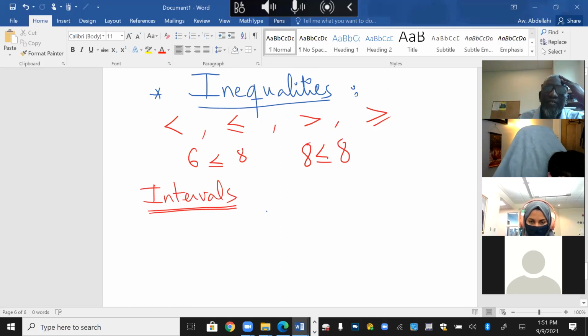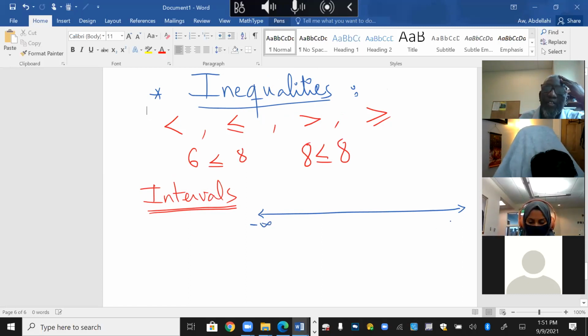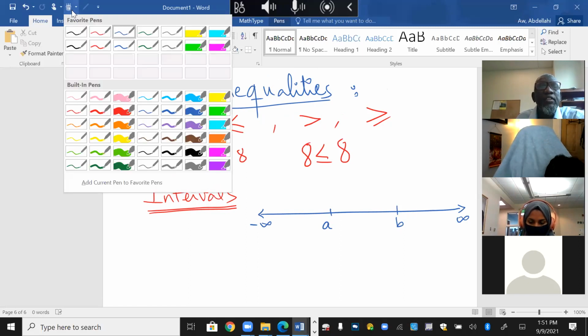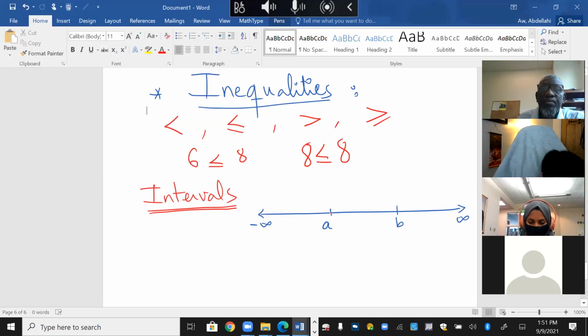If this is my number line, this is negative infinity, this is positive infinity, and I have A and here B. If I'm looking for all the numbers between A and B, including A and B, this is an interval right here.